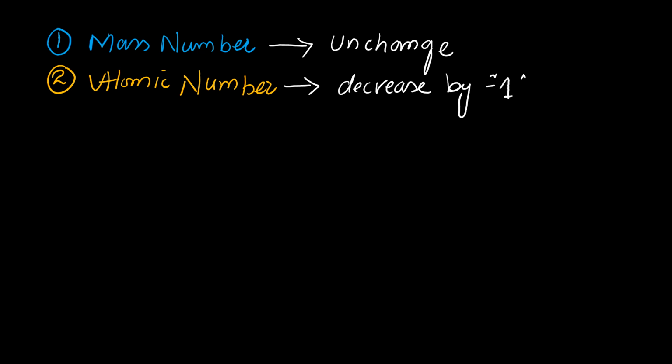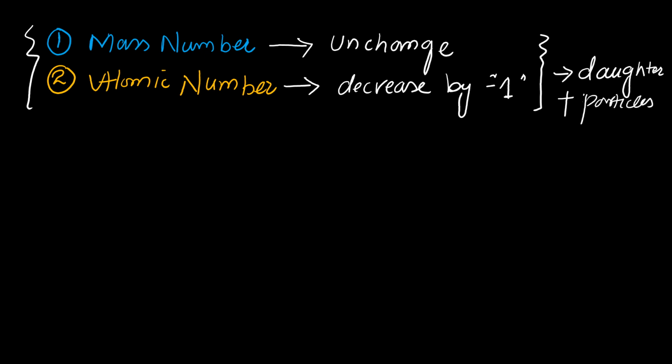So when the atomic number of an element, or atomic number of the parent element, decreases by 1, it results in the generation of a new or daughter element along with energetic particles or positrons.